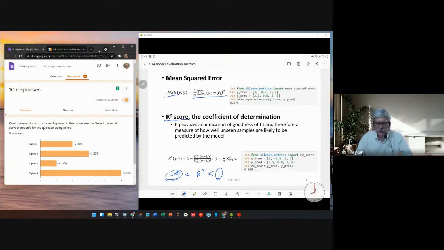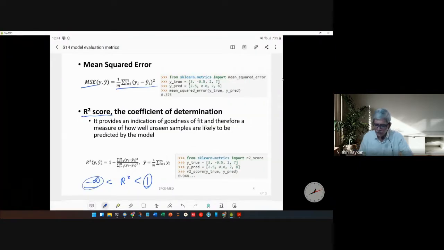So these are the examples of evaluation metrics which are used for regression. Apart from that, there are other metrics available, which you can read through in the documentation of the Scikit website. But for the purpose of this course, these are the two metrics which we are seeing.